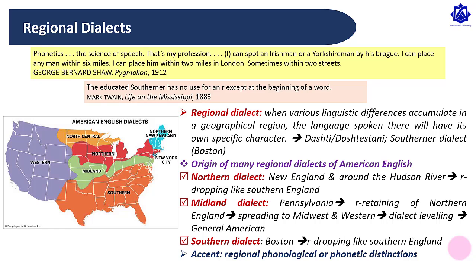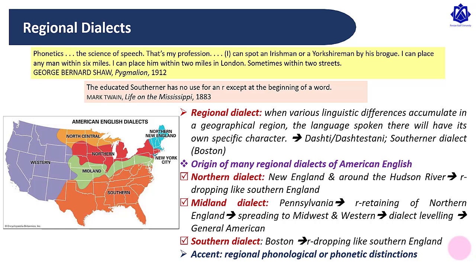And there is a Midland dialect that is spoken in Pennsylvania. And what do they do? They retain R. Like what? Like people in Northern England.